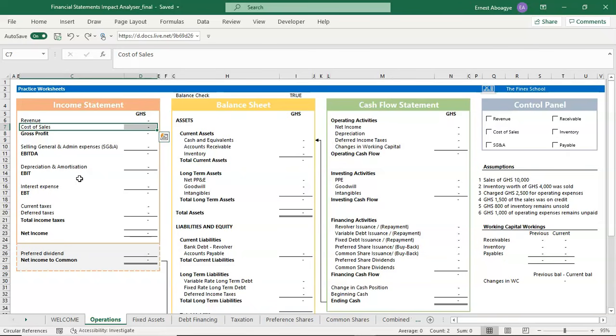So in our example, if the cost is such that it never changes whenever we produce more or less, then that cost becomes fixed.